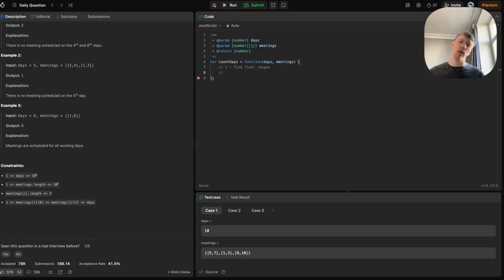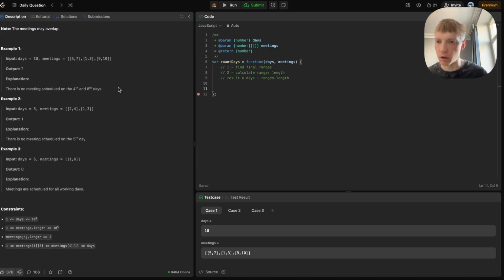After that, we can loop through the ranges, find their length, and calculate the ranges length. The result would be days minus ranges length. I think it should work.